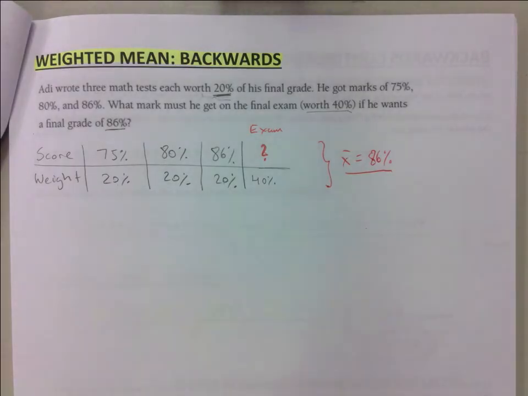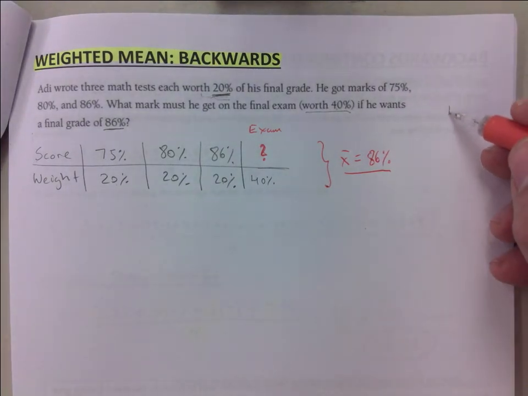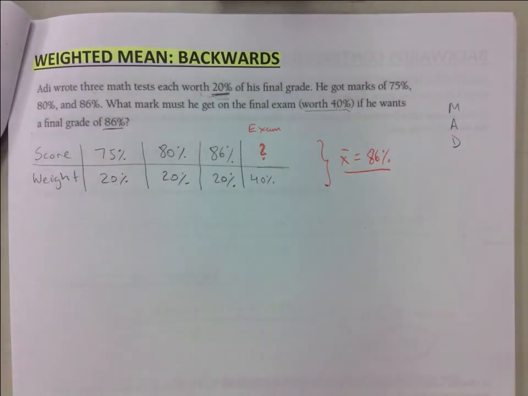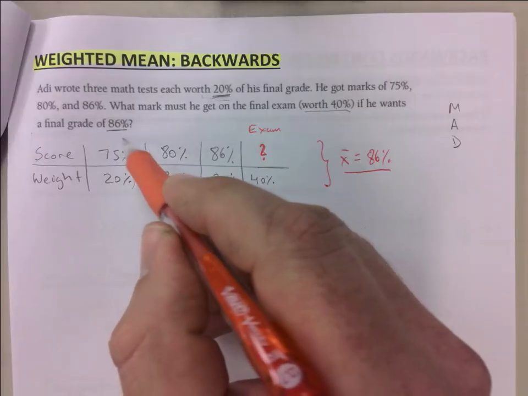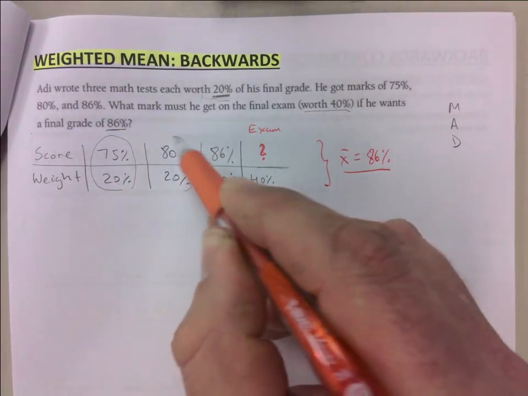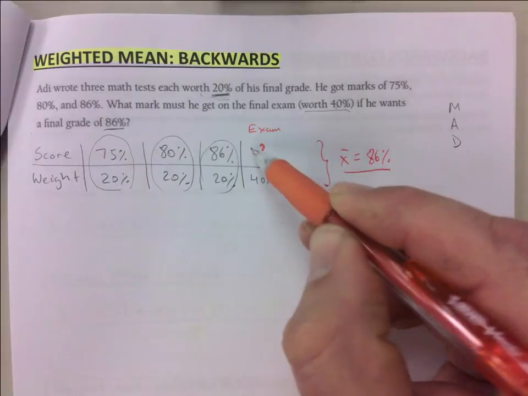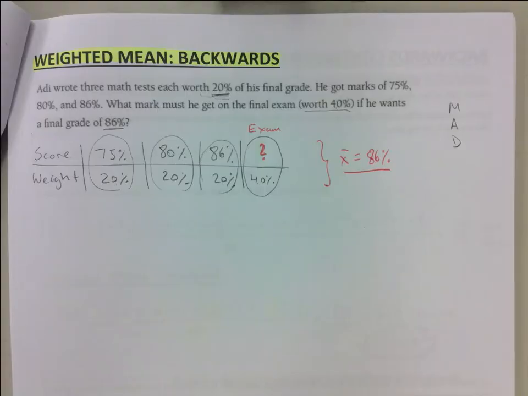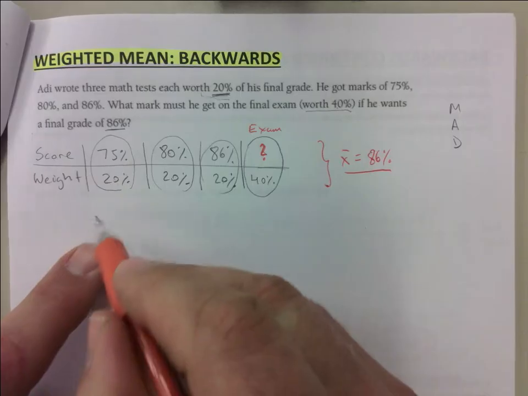What is the acronym when you're thinking weighted mean? You're going to get MAD. Okay, you're going to get MAD. So let's do the same thing that we did before. You multiply, you multiply, you multiply, you multiply. Okay? So 75 times 20, that's 1,500.